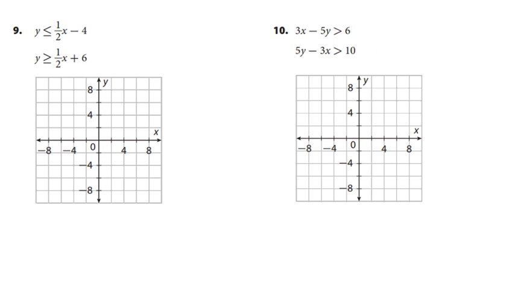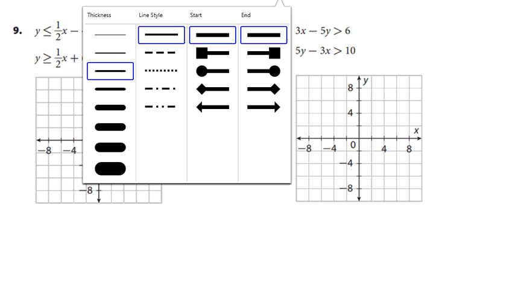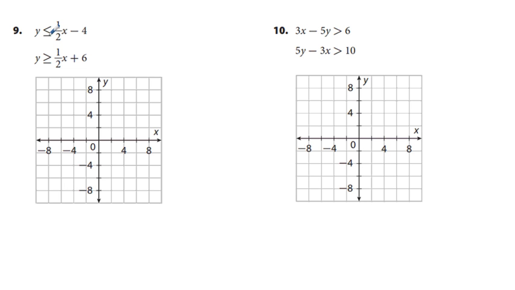Okay, let's go on to 9. We have y is less than or equal to 1/2 x minus 4. So for that, we go to our y-intercept of negative 4. So there it is. And we have 1/2. So that's rise over run of 1 over 2.